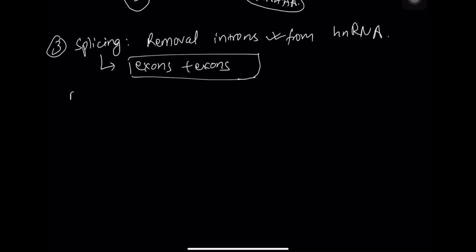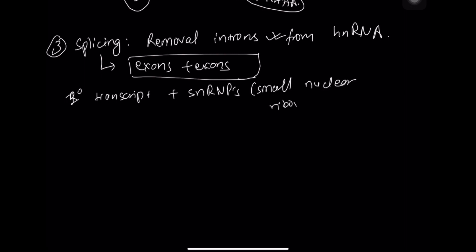In this splicing, the primary transcript combines with snRNPs or SNRPs, which are also called small nuclear ribonucleoproteins. Both of these combine and form the spliceosome.